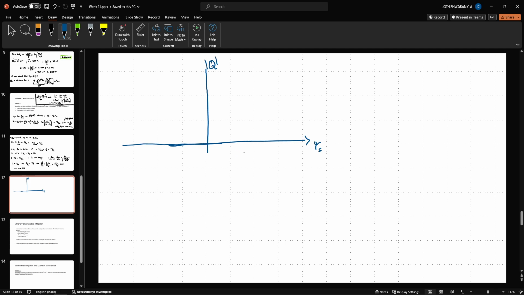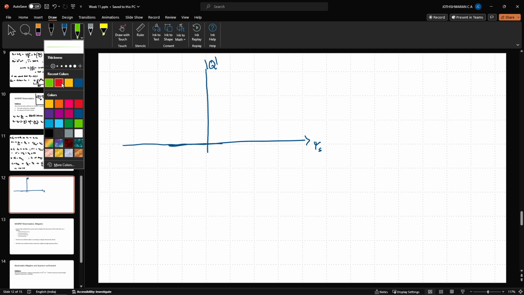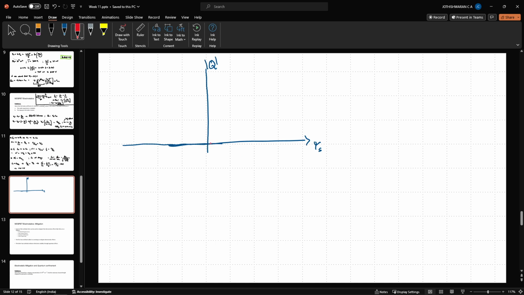Now the point is, for an n MOSFET, we know that in the depletion region, initially this increases as square root of psi s, and then after inversion is achieved, this eventually runs up to infinity.